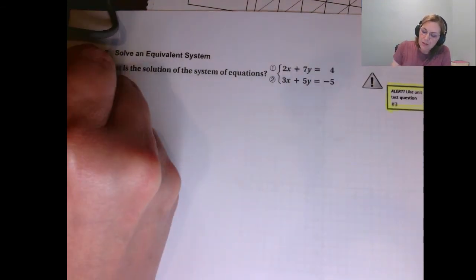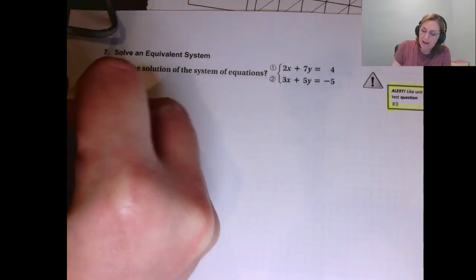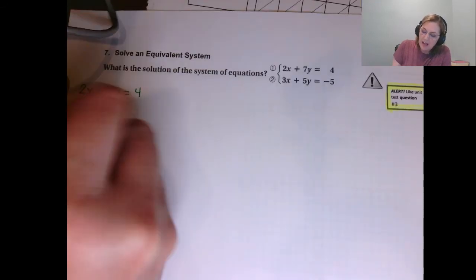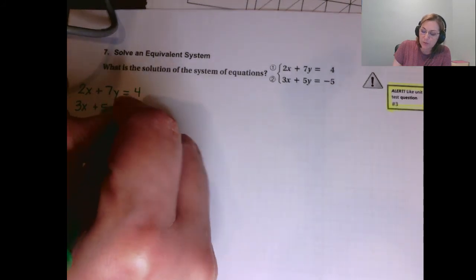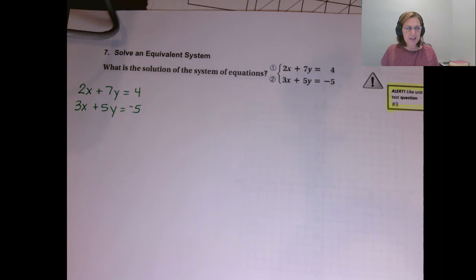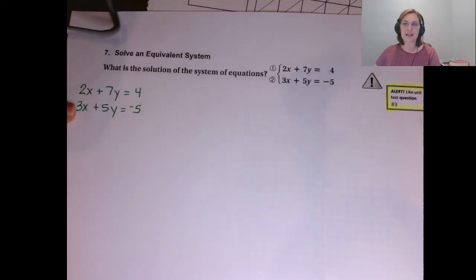So I just do a little note taking. On my notes, I'll show you how I kind of do this. I keep the two equations stacked because I know eventually I'm going to be adding them, and that's important. I need to get a number in front here that is the same, but one has a positive and the other has a negative.